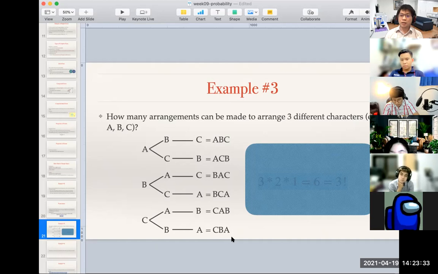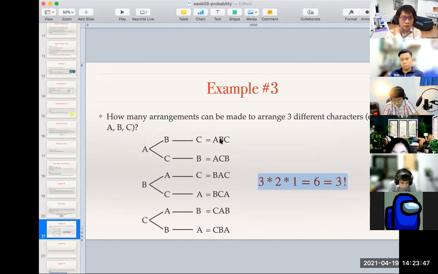But there is a much cleverer way to directly know how many possible outcomes you might come up with. Here you already know that we have 3 different characters. For the first character, what are the options?